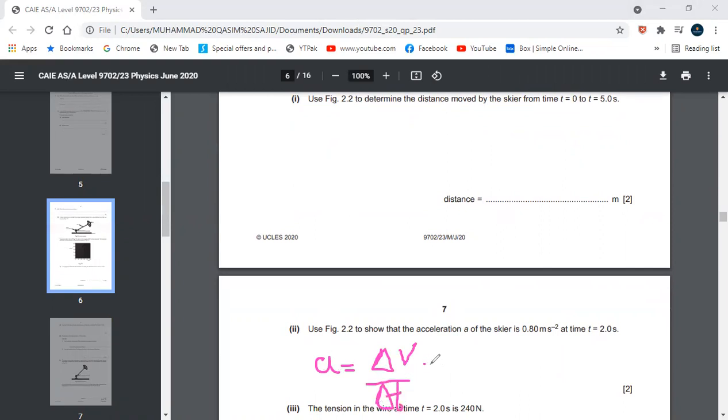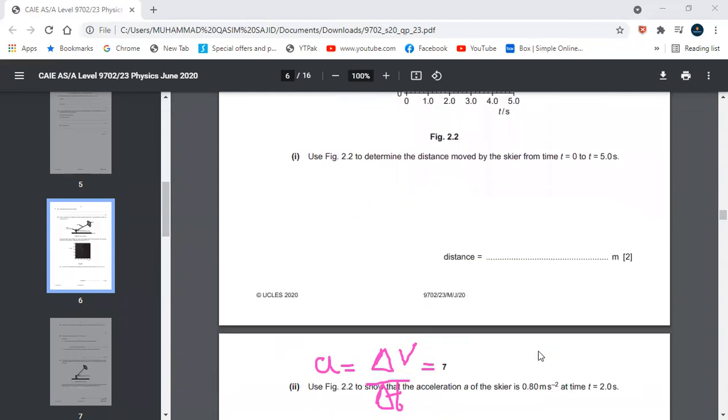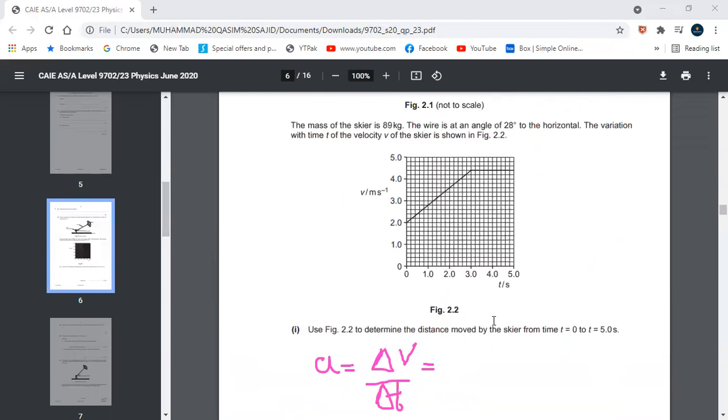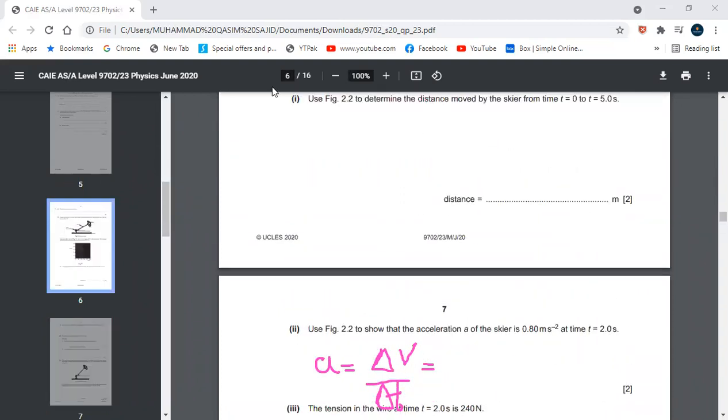The change in velocity happens from 4.4 to 2. It must be 4.4, the final velocity, minus the initial velocity, that is 2, divided by the time, which must be 5 seconds.